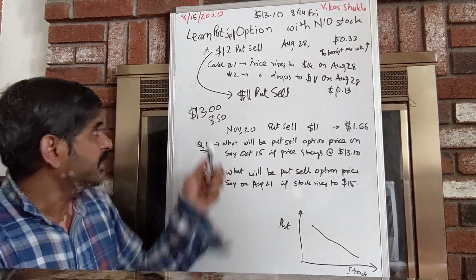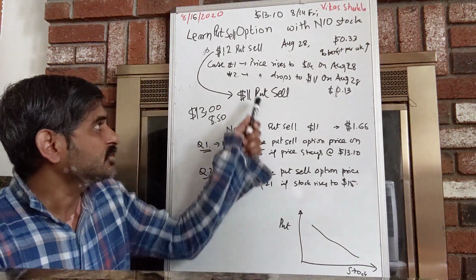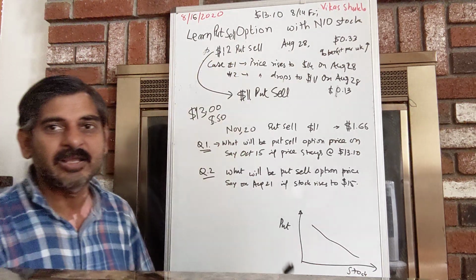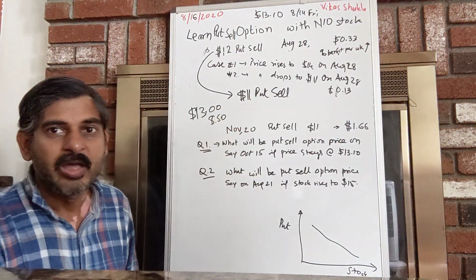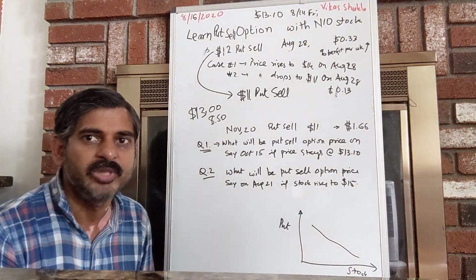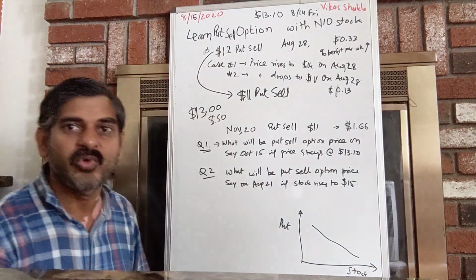And then let's say if I do not want to own that share, then I should opt for a strike price that is much lower than the current price of that stock. But if I do want to own that share, if I desperately want to own that share at a lower price, I would prefer to do it for $12.